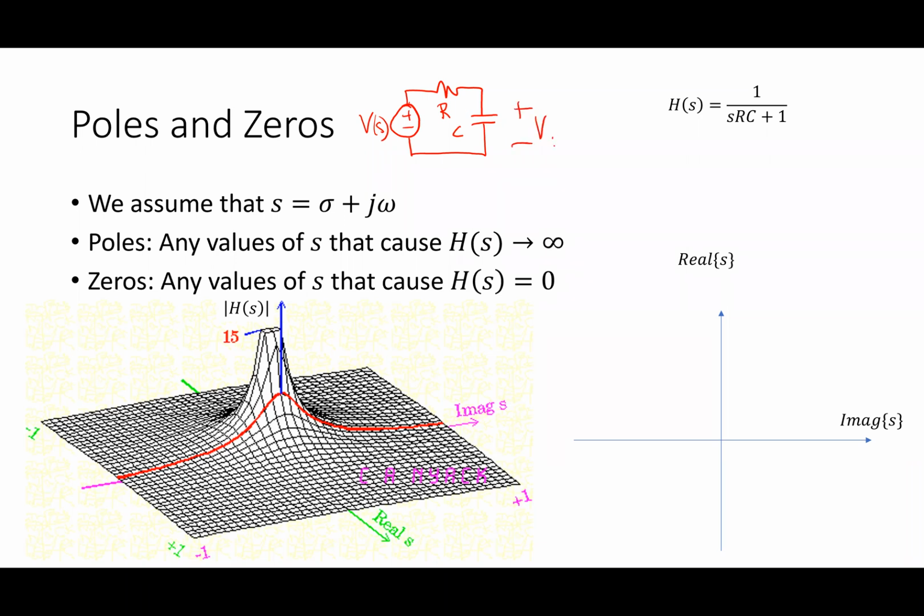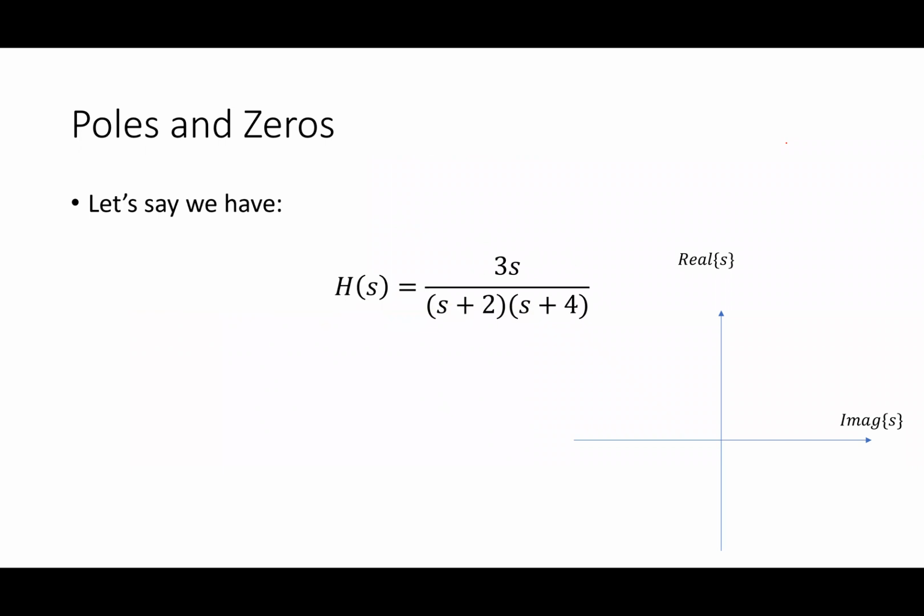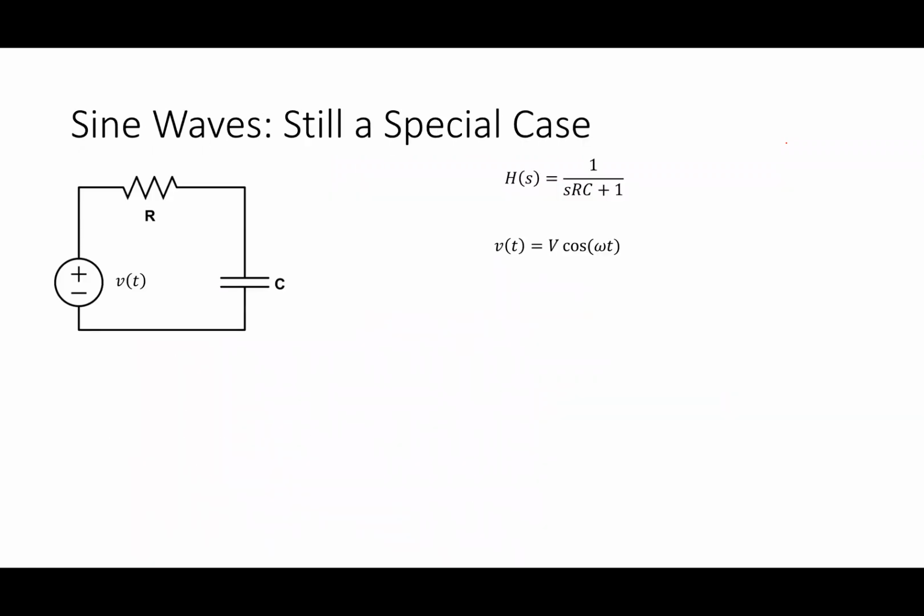If I solve for V sub C of S, and we're going to do this again in a little bit, let's just do it here. Let's say we had this circuit, just so we can remind ourselves, and I want to solve for V sub C of S, where v of t has some V of S.